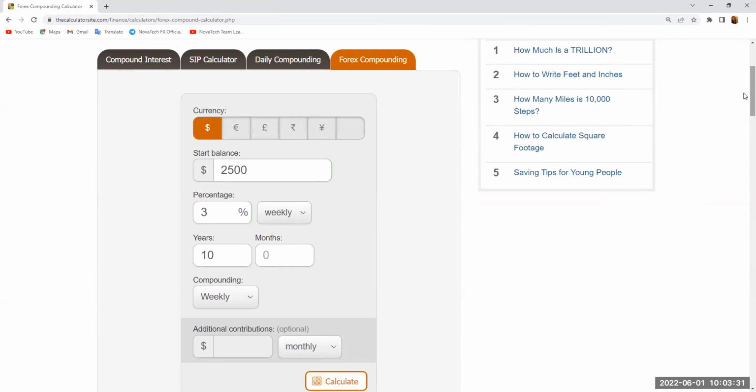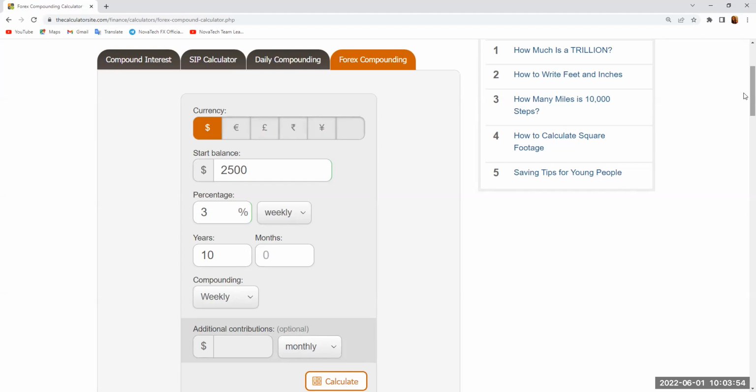This is actually where I started in Novatech, was with $2,500 back on July 10th of 2021. All right. Now, when I saw this calculator and I saw the potential, I tell you what, I became really excited and just very grateful.